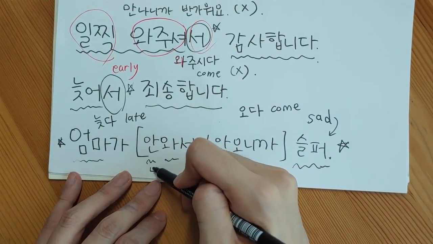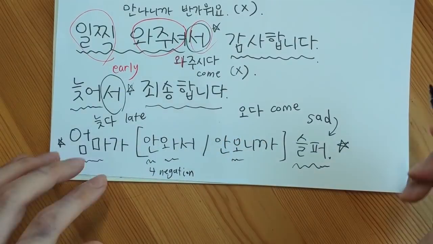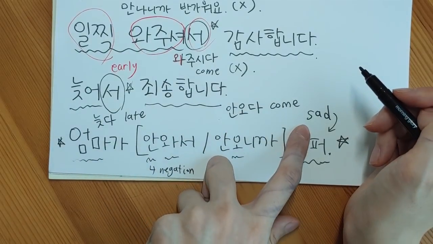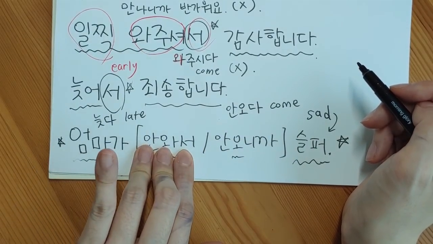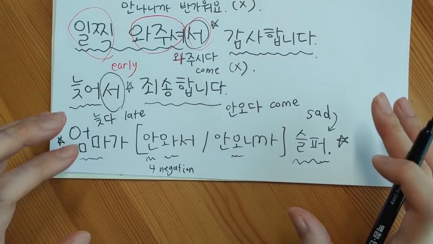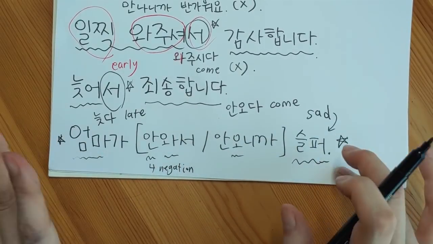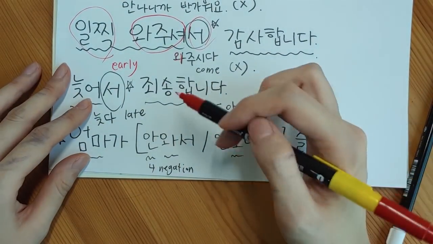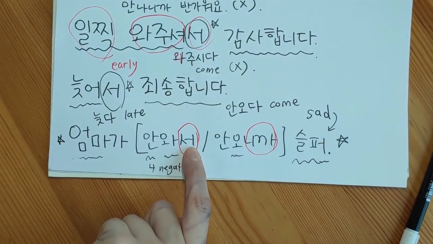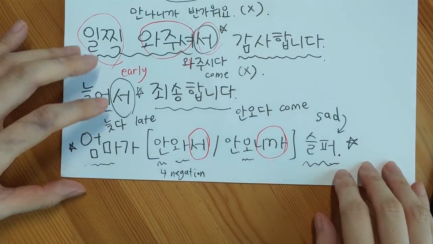And 안 is a negation, right? You put 안 before a verb when you negate a verb. So 안 오다 means to not come, right? So 안 와서 or 안 오니까 슬퍼. So it basically is trying to say mom is not coming, so I'm sad, right? Then what do you think would be the right conjunction? 서 or 니까? It actually depends on the case.